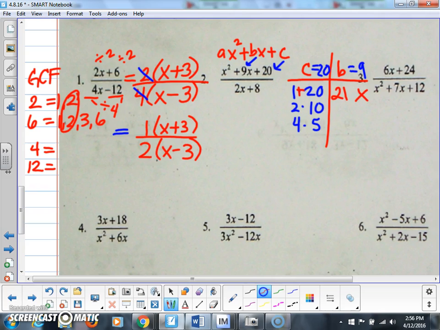No, wrong answer. And those of you who watched the video remember my students saying that noise, right? Good. What is 2 plus 10? 12. So that's not correct either. And if I add 4 plus 5, what do you guys get? 9. Thank you. So your factors are going to be 4 and 5.